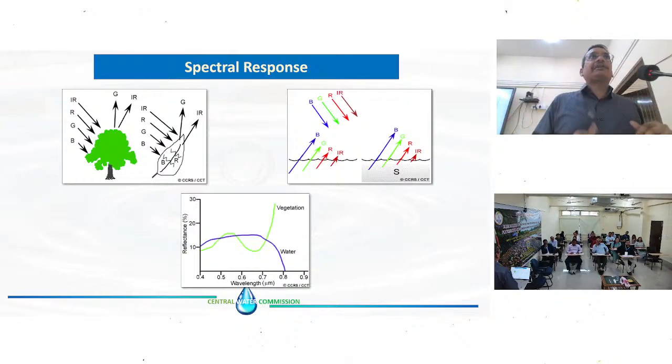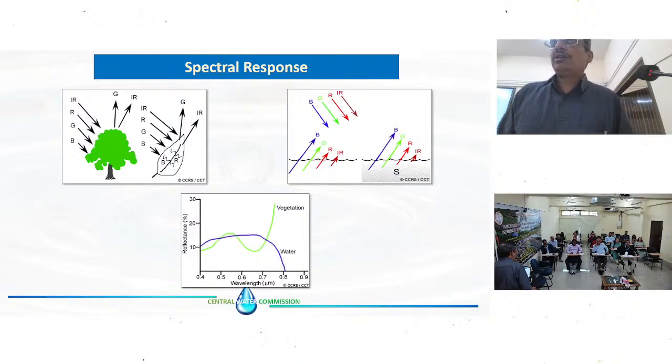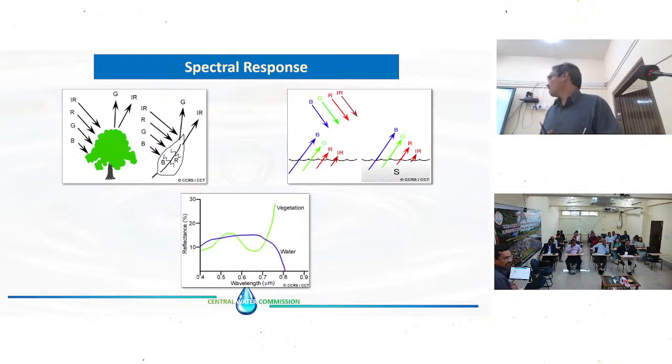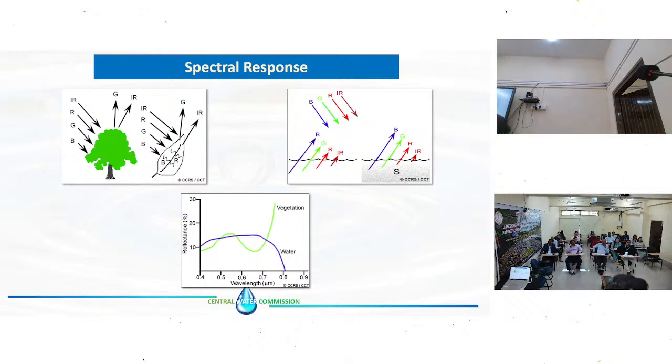Basically, all satellite imagery is black and white only. You combine the bands, you assign red, green, blue to visualize or give them some color. If you give red color to the red region, green color to the green region, blue color to the blue region, then it will be a true color composite or natural color composite, which is the way our eyes see.